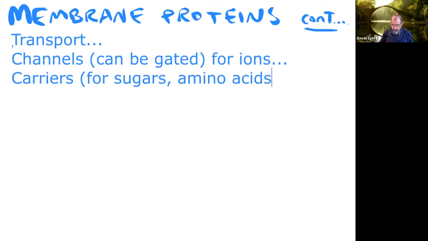There were carriers. These are for sugars and amino acids. And these were the things that created the facilitated diffusion. So once these are open, things will still just move according to their concentration gradient.